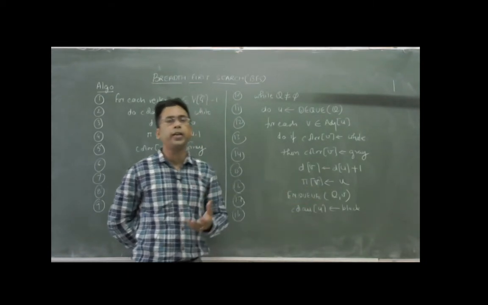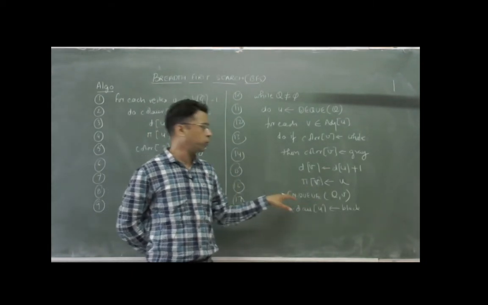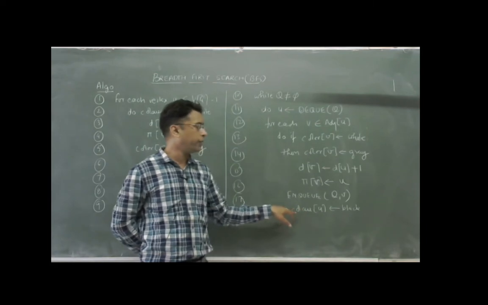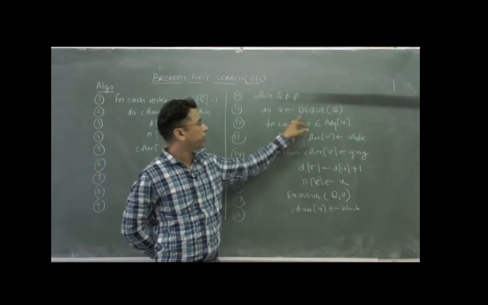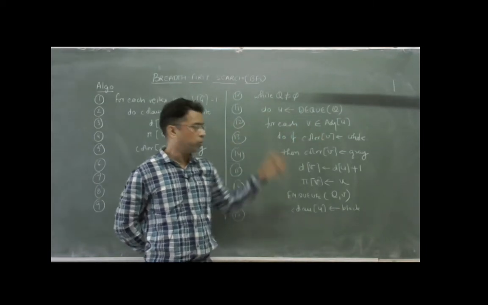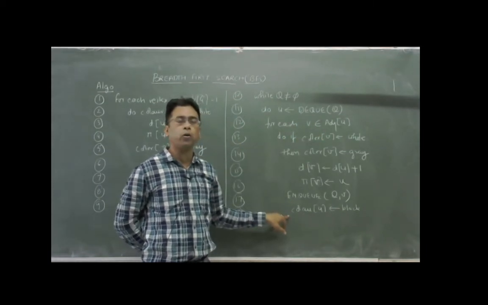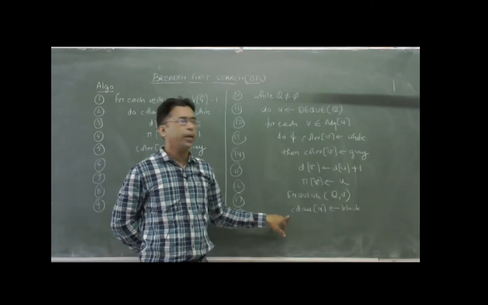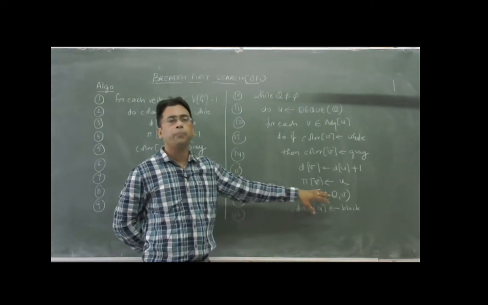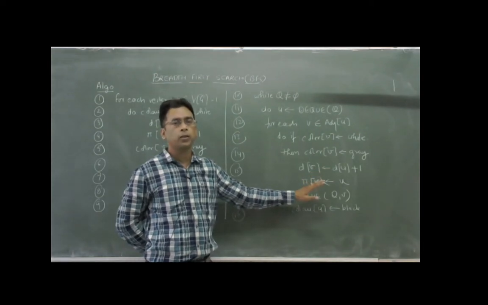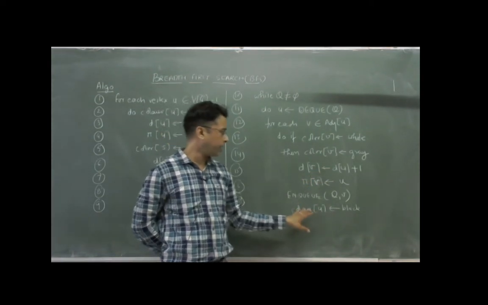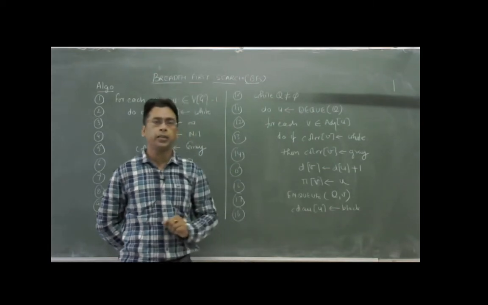When you discover an element, you enqueue it into a queue, and when each adjacent node of u has been placed in the queue, then that node exits from the queue, or we say we color it black.